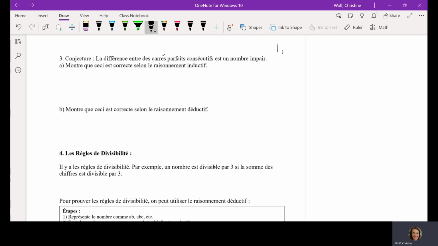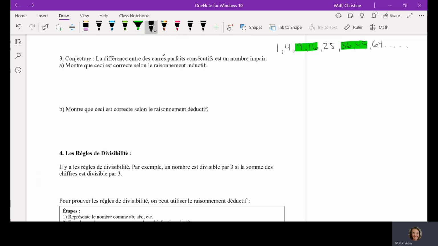Well, voici une liste de les carrés parfaits. 1, 4, 9, 16, 25, 36, 49, 64, etc. OK? So, la conjecture dit que si tu prends deux carrés parfaits consécutifs, ça se fait side by side, so like 9 et 16, ou comme 36 et 49, ça dit que leur différence est un nombre impair.